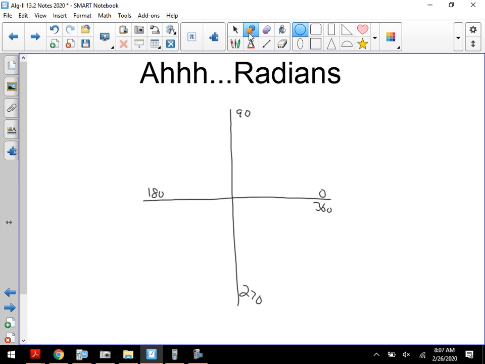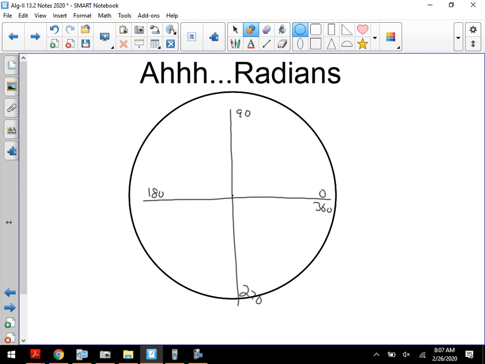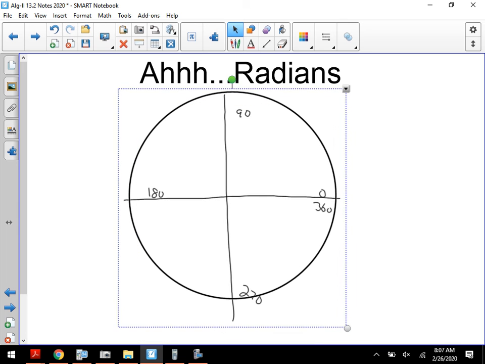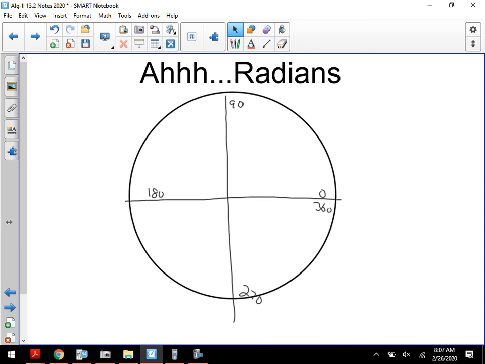So if I start with the idea of a circle, it takes 0 to 360 degrees to get all the way around a circle. What's another name for the distance around a circle? Circumference. Okay. How do you find circumference?